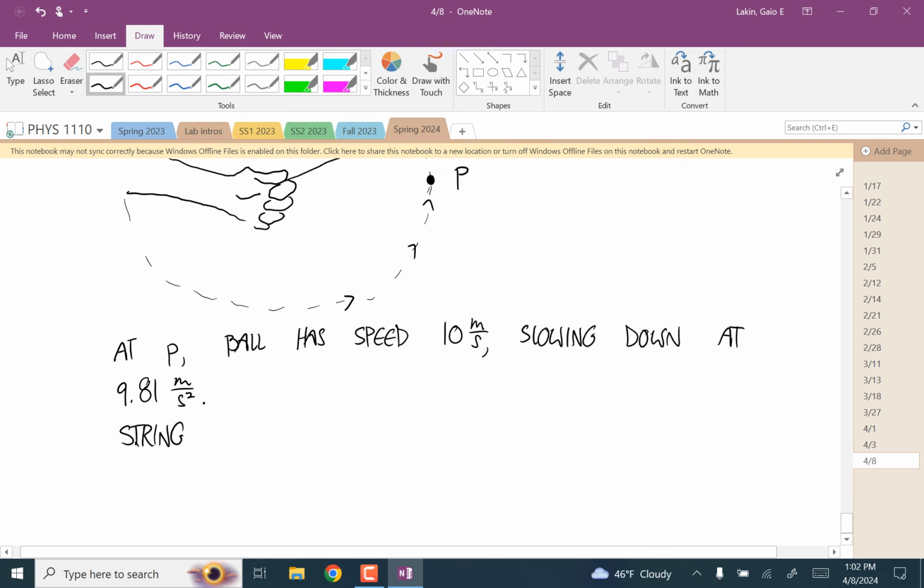If the string length again is 0.2 meters, what's the tension in the string at that point P?